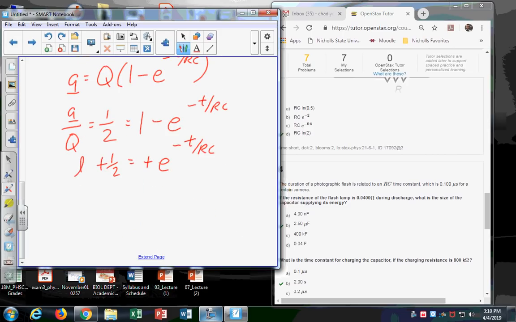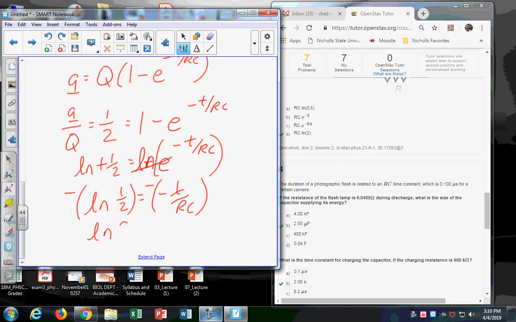Then I can do a natural log of both sides. Watch carefully: this gets rid of the exponential, and I get natural log of 1/2 equals negative t over RC. But if I take the negative of both sides, and this was the step that most people messed up, and for good reason, we didn't actually talk about this with the exponentials, the negative of natural log of 1/2 is natural log of 2.